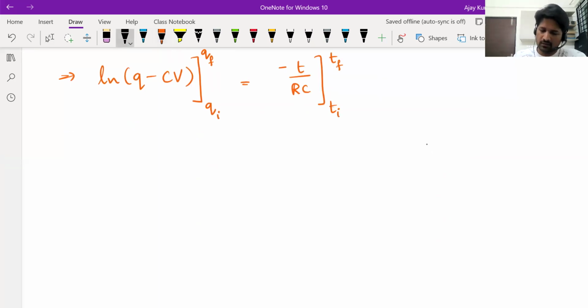Okay. Now, if the capacitor is initially uncharged, Q initial will be 0. Let's say final charge is some random value Q. Initial time, take it 0 because we assumed the switch was closed at T equal to 0.